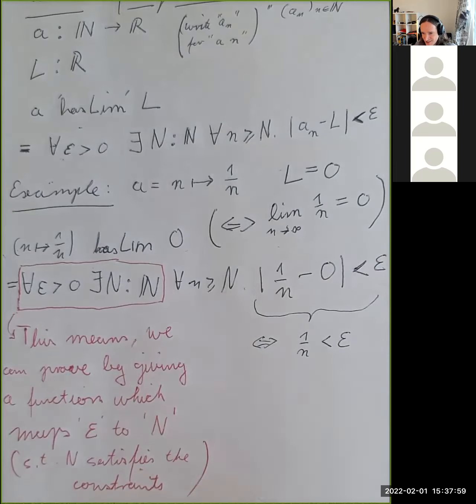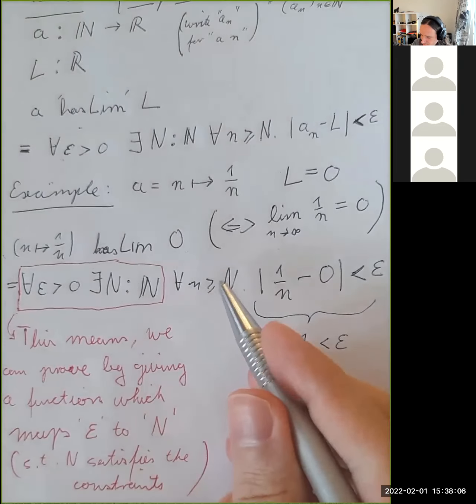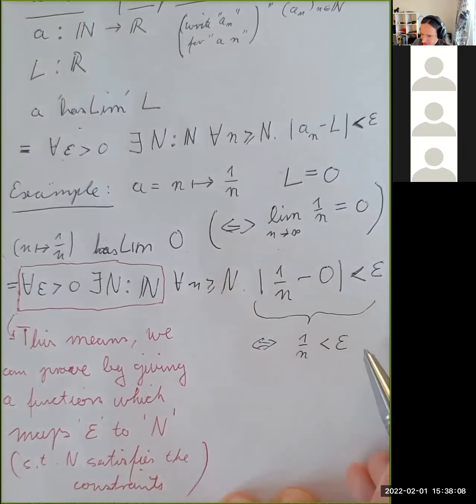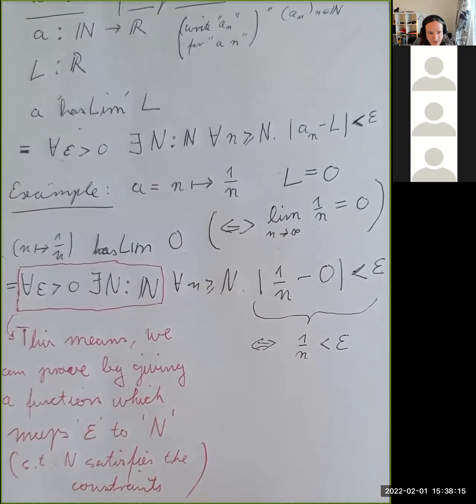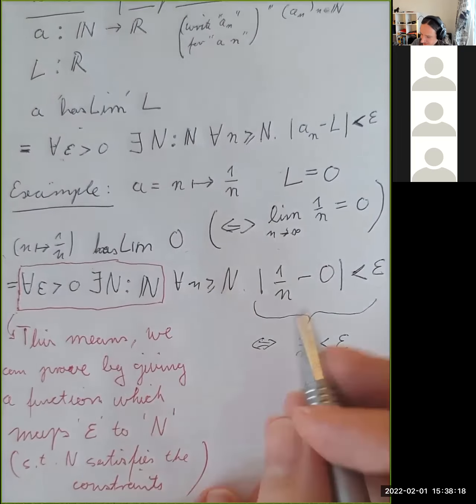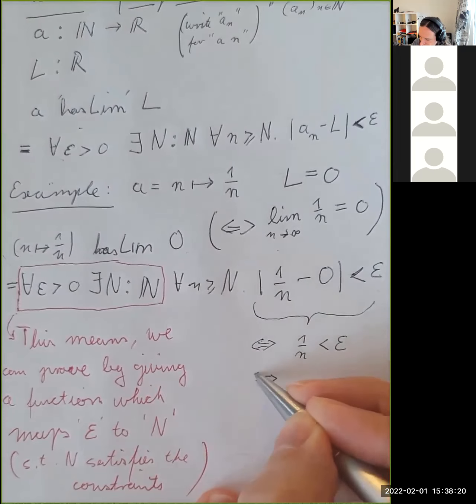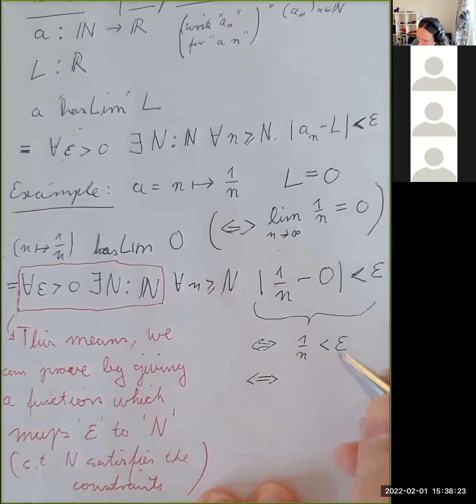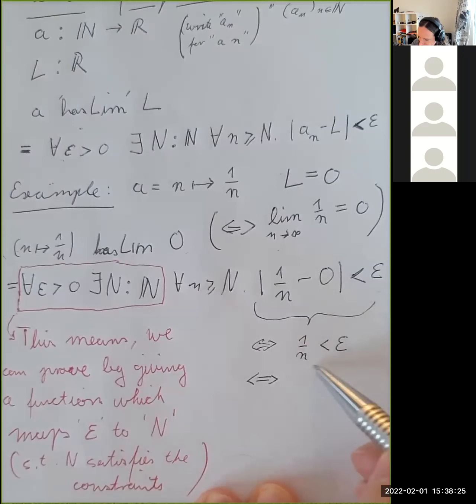Okay, so what can we do? We need a function that maps an epsilon to some natural number such that for all bigger numbers, this condition is satisfied. I think a way to make it a tiny bit easier is to manipulate this condition so it looks more like something which is a function in epsilon.